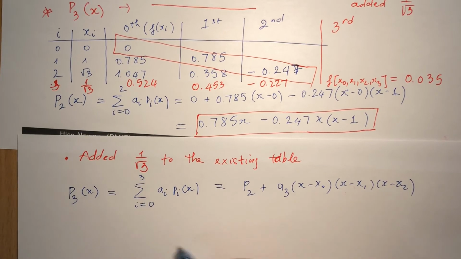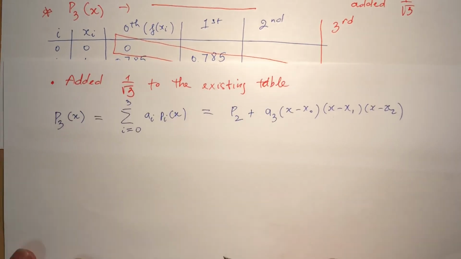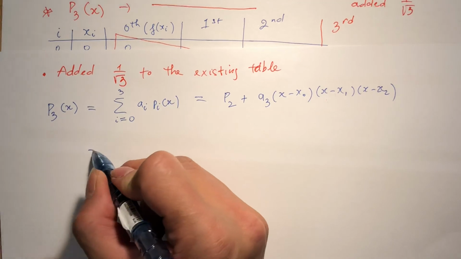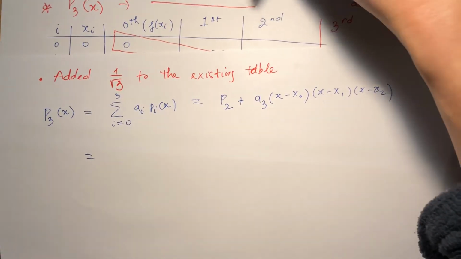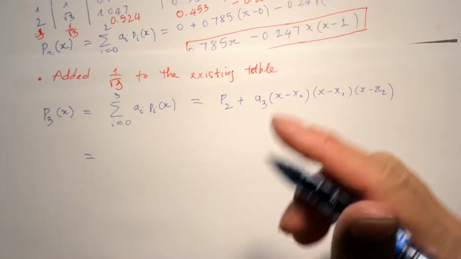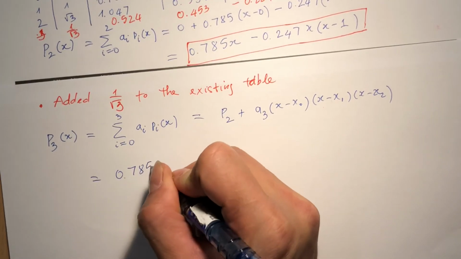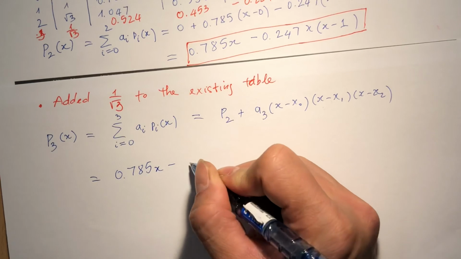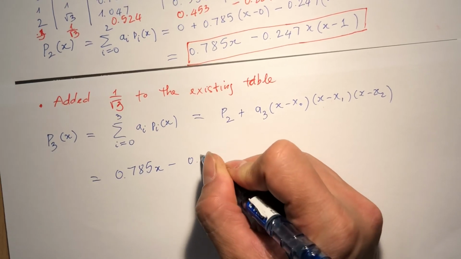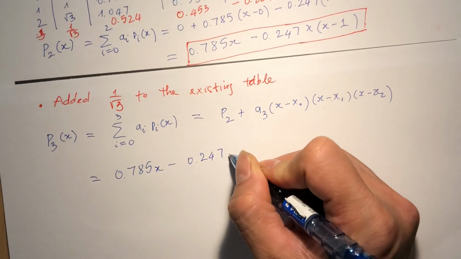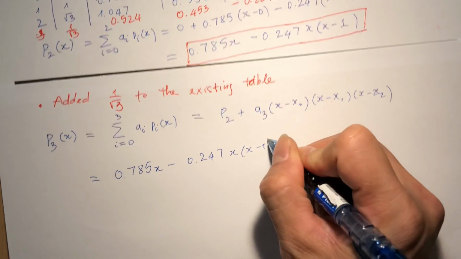So the answer equals, P2 we know already, so 0.785x minus 0.247x(x minus 1).